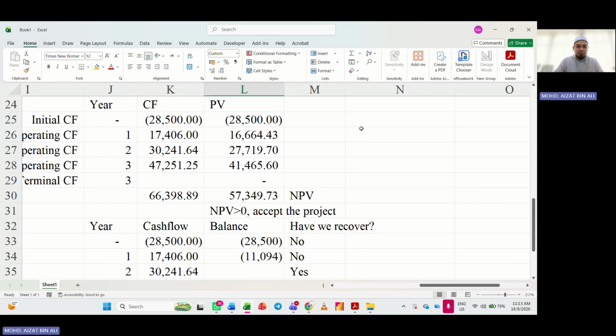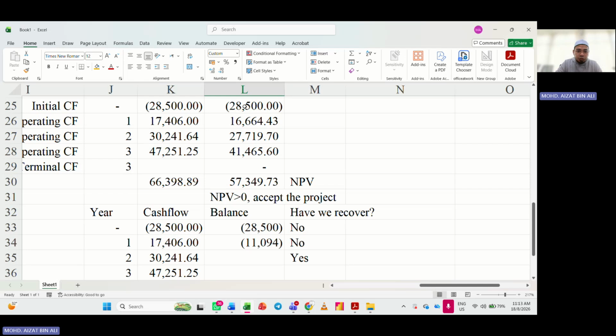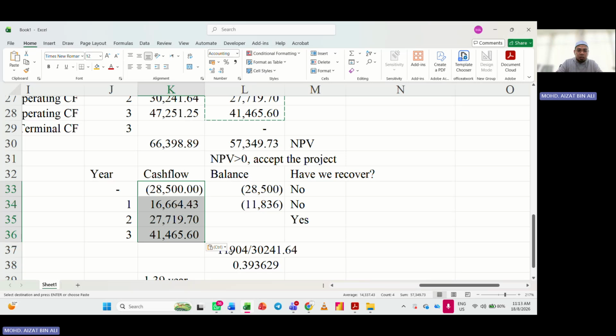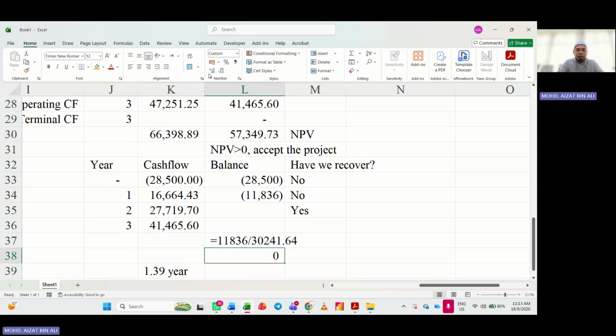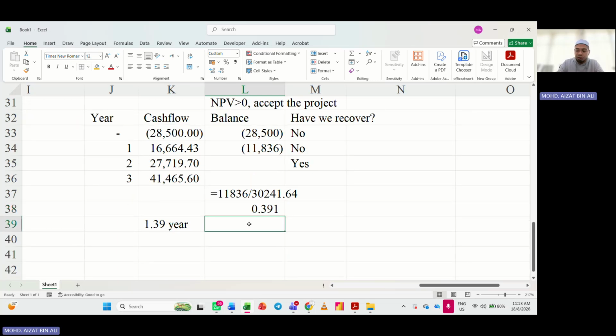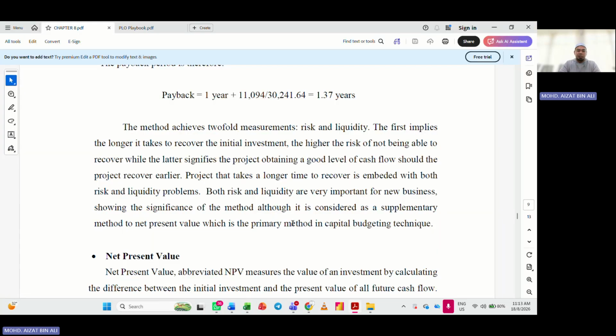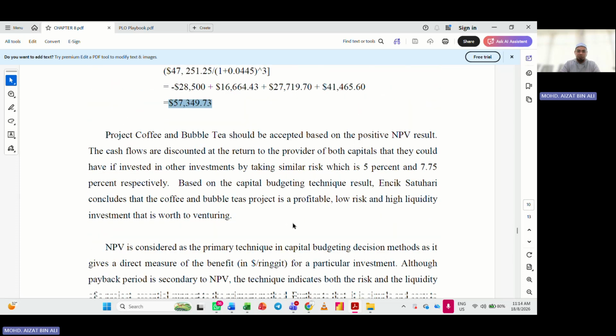So for the discounted figure, we take this amount, and it becomes 11,836. So it is roughly 1.39, but there is a slight difference. Like just now the decimals were 394 if I'm not mistaken, and this is 390, so it is slightly shorter. So that is the content on chapter 8.